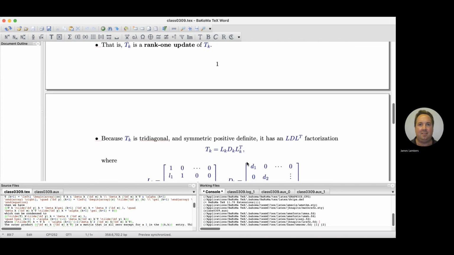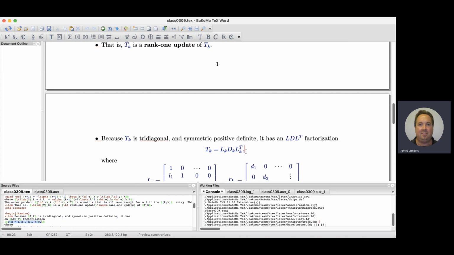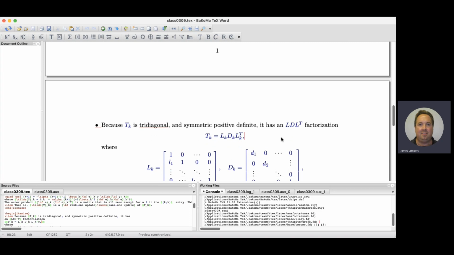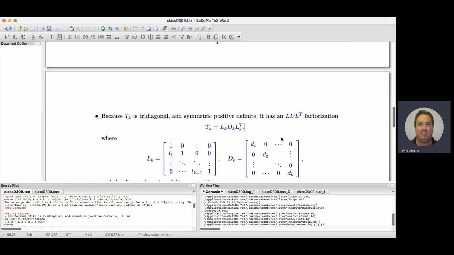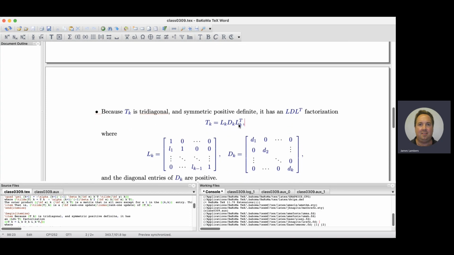Now, as I mentioned last time, tk is tridiagonal, symmetric positive definite. So it has this factorization, LDLT factorization. That was covered back in section 3.3 on special matrices. And because it's tridiagonal, the factorization has a fairly simple form. Because remember, when you factor a banded matrix through Gauss elimination, your LU factors inherit the bandwidth of the original.